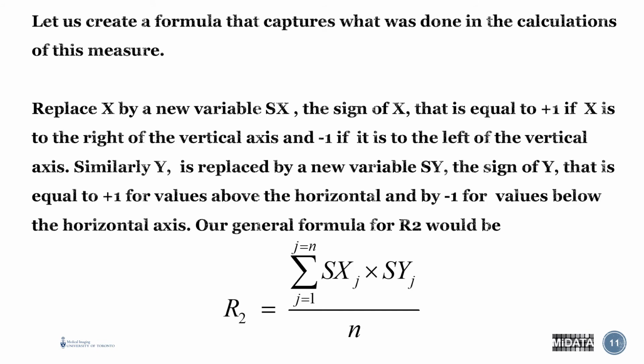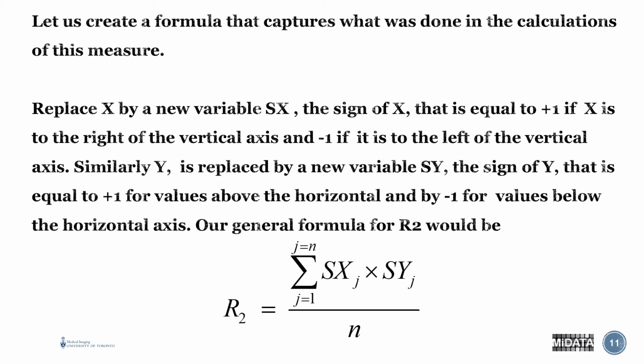Okay, let us create a formula that captures what was done in the calculations of this measure. We're going to replace x by a new variable Sx, which is the sign of x, and that is equal to +1 if x is to the right of the vertical axis and -1 if it is to the left of the vertical axis. Makes sense, right?